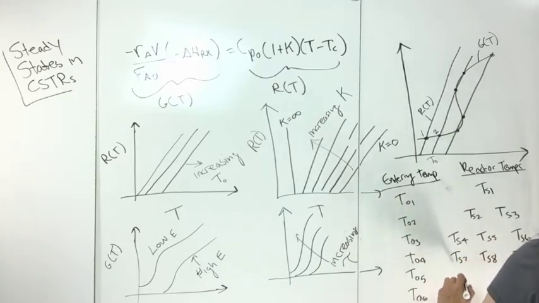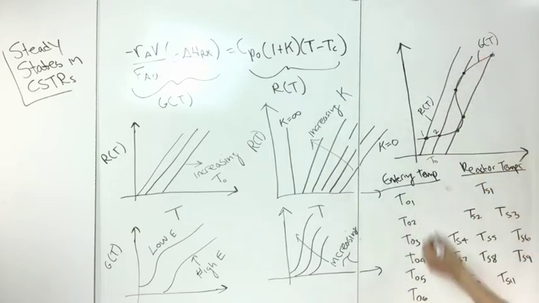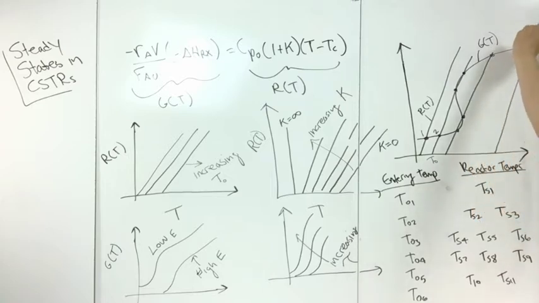Maybe for T05, it goes back down to two possible states, TS10 and TS11. And maybe there's only one possible state for a really high temperature, way up here somewhere, where it's only crossing in one spot, so say that's TS12.